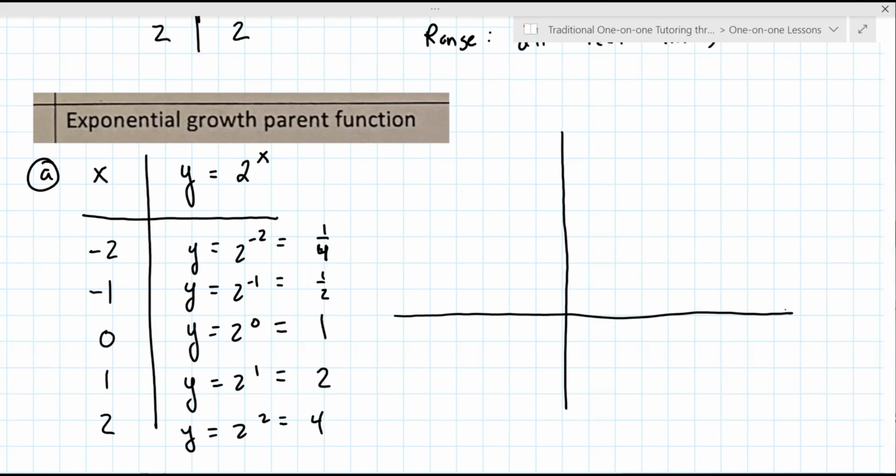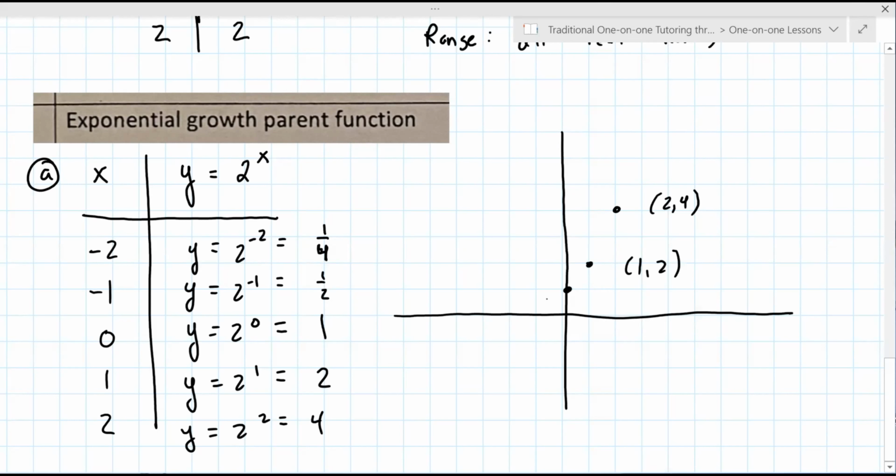Okay. All right, so we're actually gonna start by graphing these points over here on the right. So 2, 4 is up here, and then 1, 2 is here. Okay, and then 0, 1.